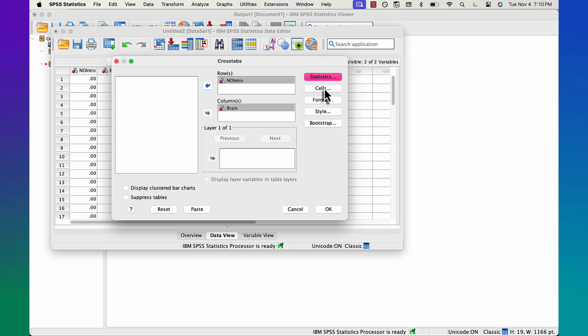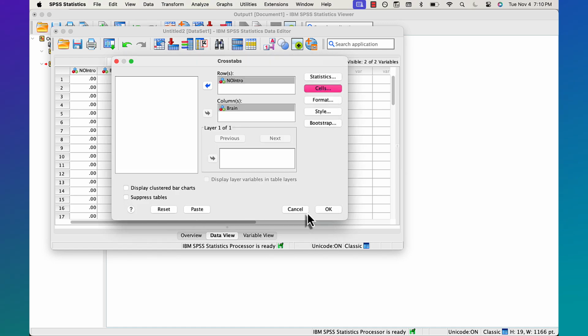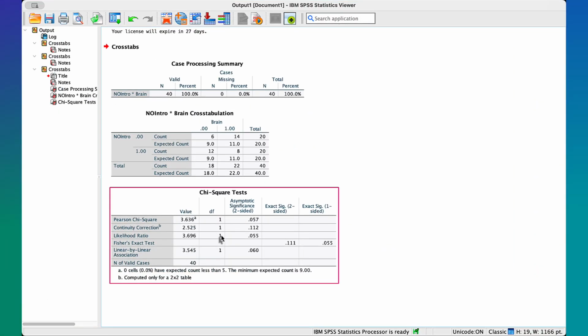Now click the Cells button, and under Counts, make sure to check Expected frequencies, because remember that's what we're comparing it to. So you can see what SPSS expected if there were no relationship between the variables. Then click Continue and finally click OK to run the test.